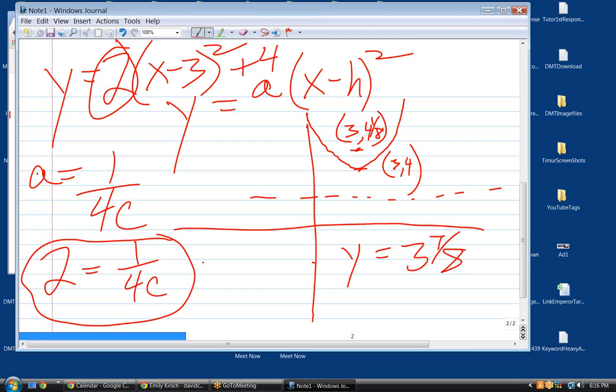Now, the other thing about these kind of parabolas is that you can rotate them so that they're no longer a function. In other words, you can have horizontal parabolas also.